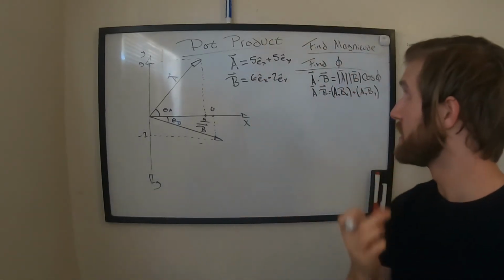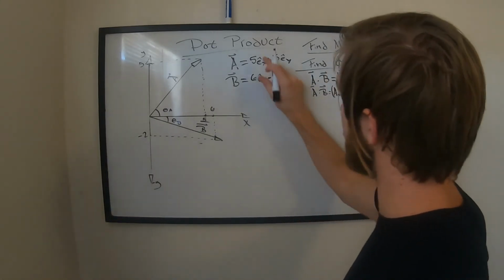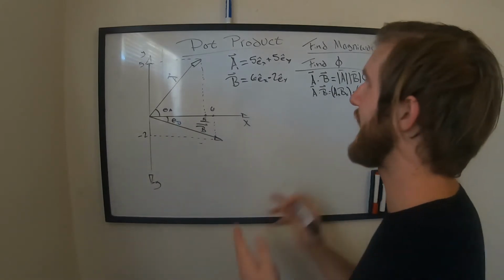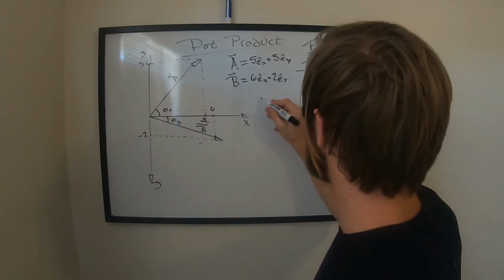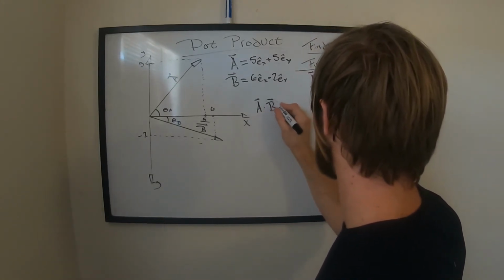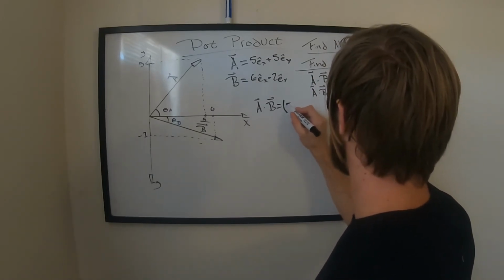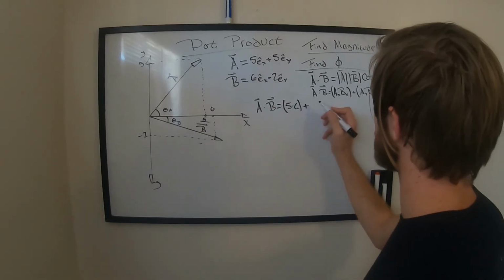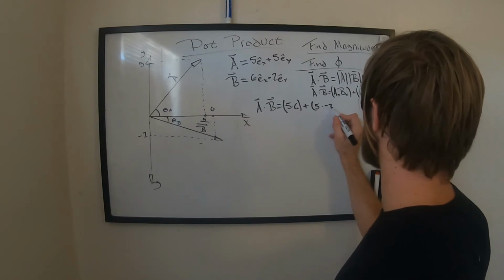Okay, perfect. So now let's start performing the operation where we take our corresponding x components, multiply them together, and then add both of our component sets. So we have A dot B is equal to, all right, so 5 times 6 is our first set of components, and that is going to be added to 5 and -2.